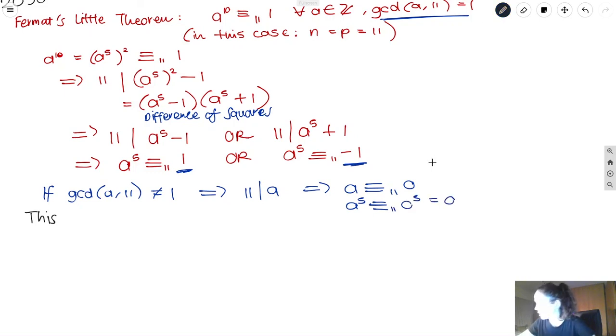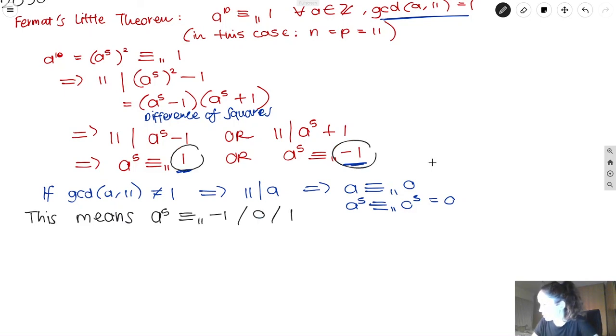Okay, so this means a to the power of 5 mod 11 is going to be minus 1, or 0, or 1. So either it's going to be minus 1, or it's going to be 1, or it's going to be equal to 0. One of these three options.